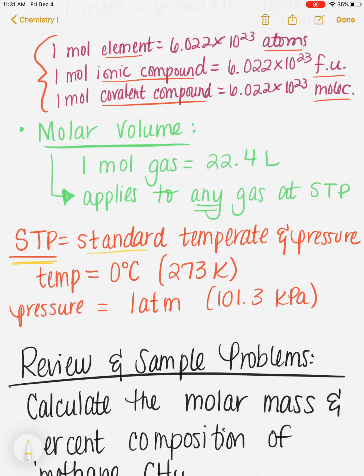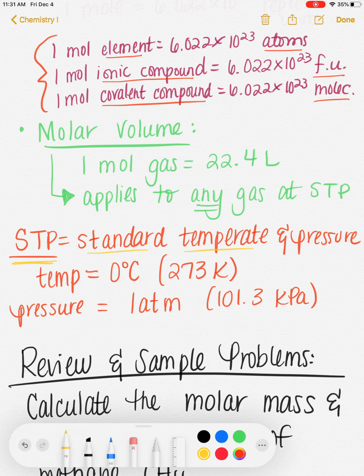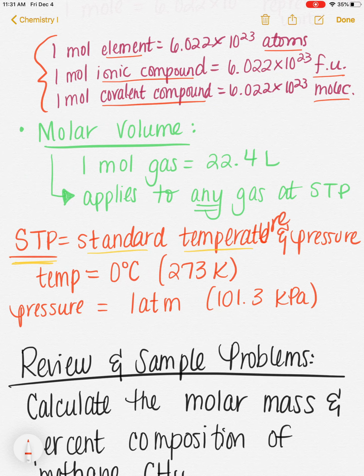STP is an acronym standing for standard temperature and pressure. The temperature that is considered standard is 0 degrees Celsius, which is the same thing as 273 Kelvin. Pressure at its standard is 1 atm, or 1 atmosphere.